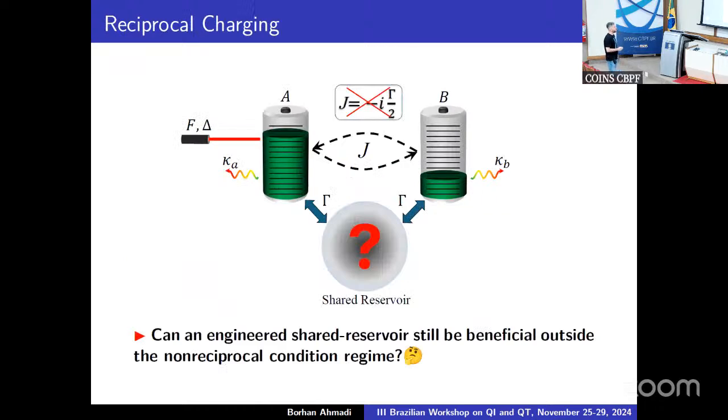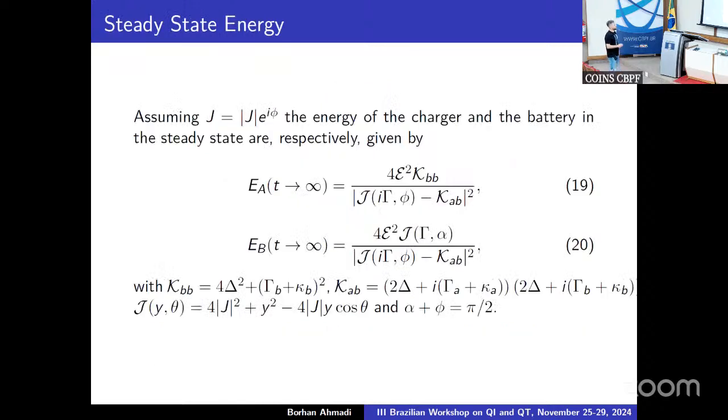But what if I'm outside the non-reciprocal regime? What if J is not equal to minus i gamma over 2? Is the shared reservoir still beneficial? If I'm outside the non-reciprocal regime and I calculate my energy evolution in the steady state, they are given by this.